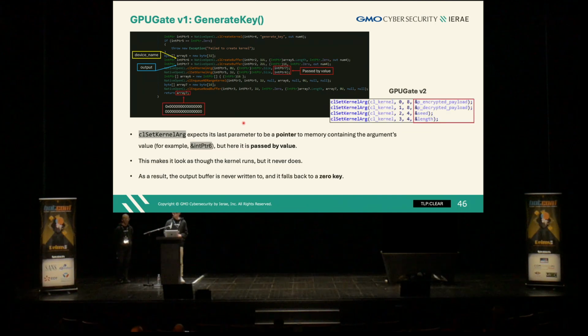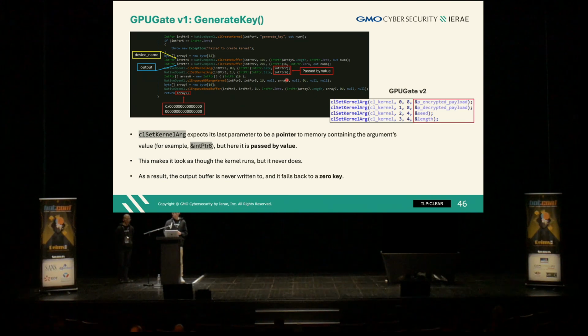And then there's one final problem with the code that they've written. I mentioned CL set kernel arguments, which sets up the arguments to call the kernel itself. Basically, this expects its last parameter to be a pointer to the memory containing the argument's values for that call. I said a pointer, but here it's being passed by value.